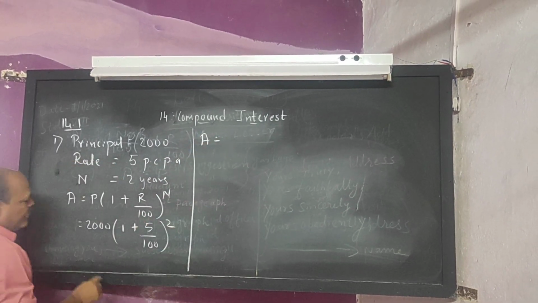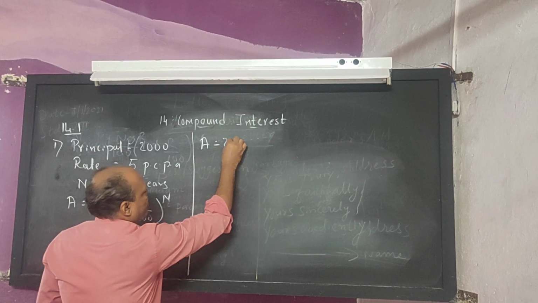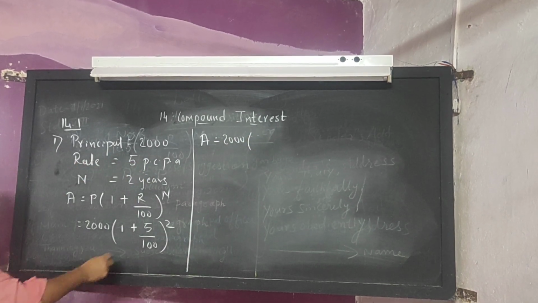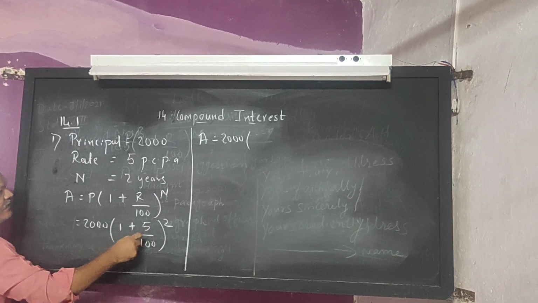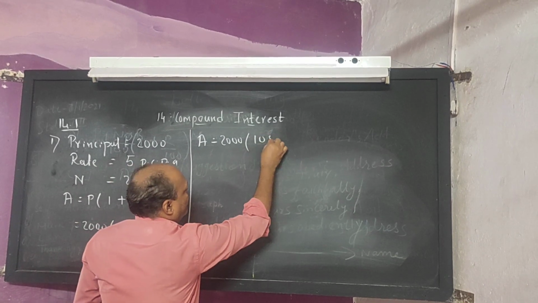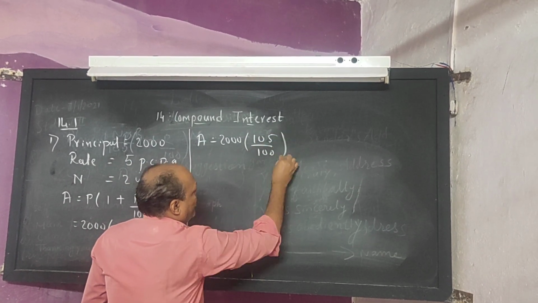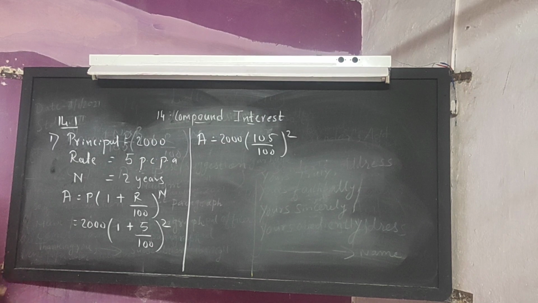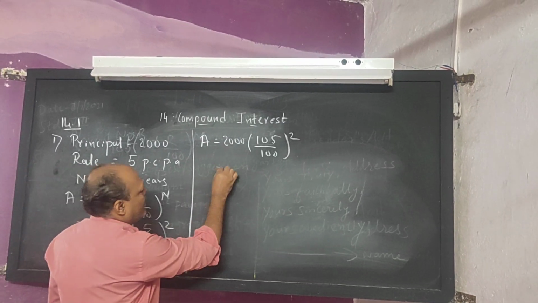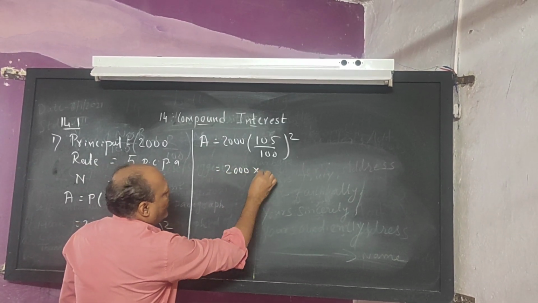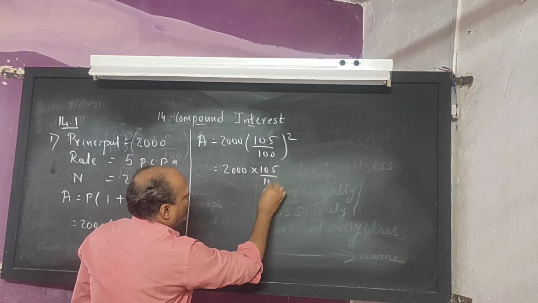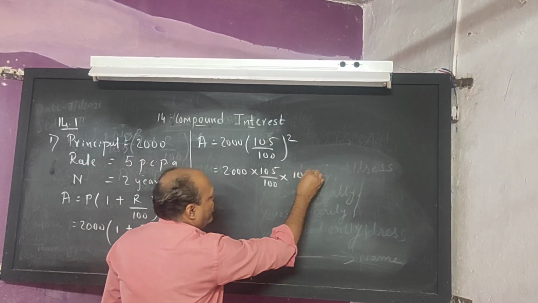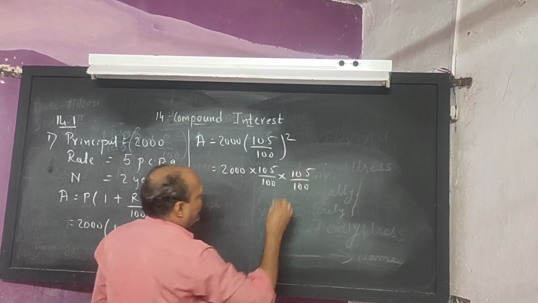Amount is equal to 2000 as it is. First of all we will solve inside the bracket. 100 plus 5, that is 105 upon 100, bracket to the power 2, square. Square means you have to multiply 2 times. That is 2000 into 105 upon 100 into 105 upon 100.